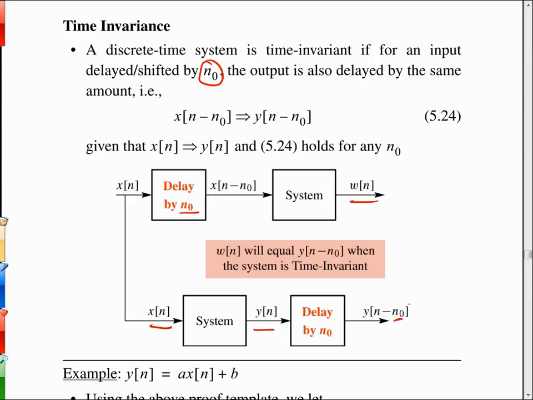And it seems kind of like a fancy abstracted name, but remember what I said last time, a good practical example is to think of some system or device where it changes with time. It ages with time, it changes with temperature, and temperature changes with time. Anything that would cause some property of a system to change with time would violate the time invariance idea.